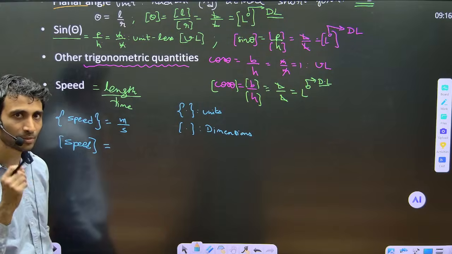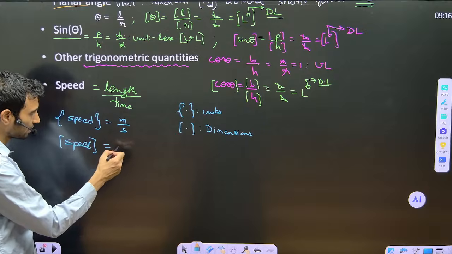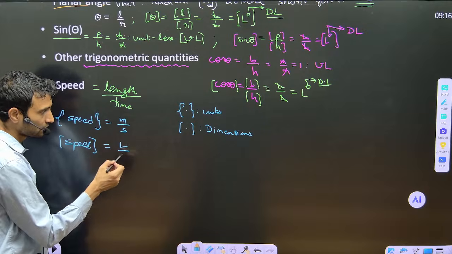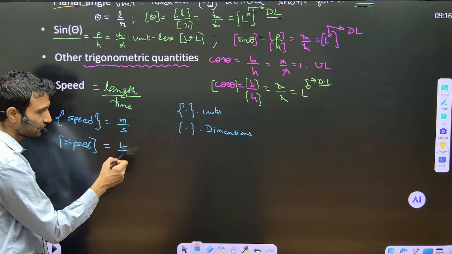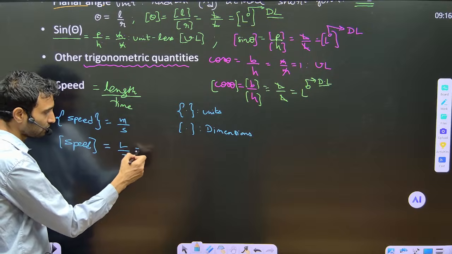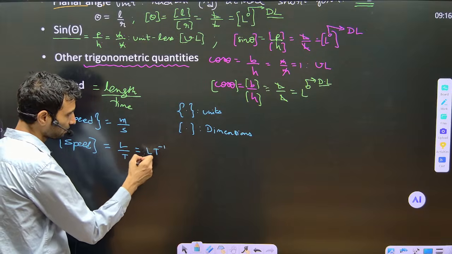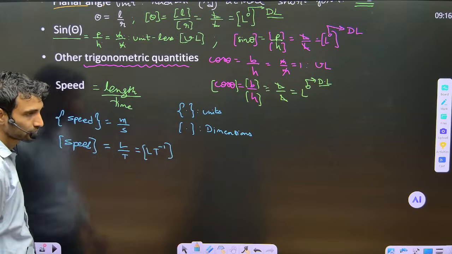The dimension of meter is length, and the dimension of seconds is time, T. So the dimension of speed becomes LT to the power minus 1.